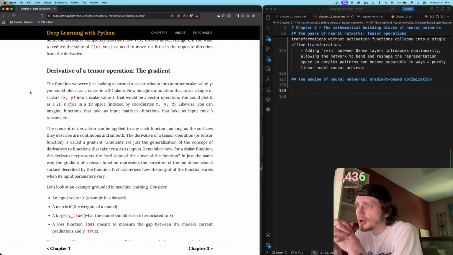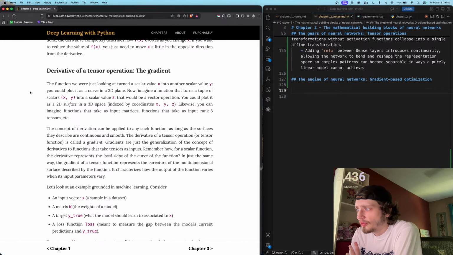The concept of derivation can be applied to any such function, as long as the surfaces they describe are continuous and smooth. The derivative of a tensor operation, or tensor function, is called a gradient. Gradients are just the generalization of the concept of derivatives to functions that take tensors as inputs.